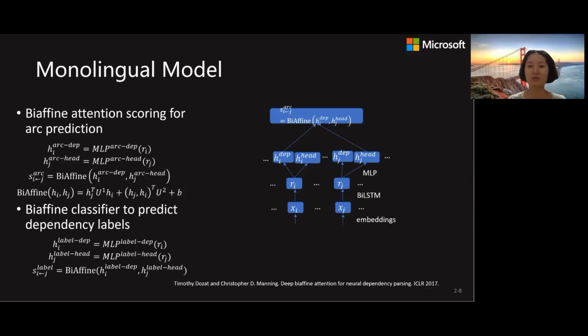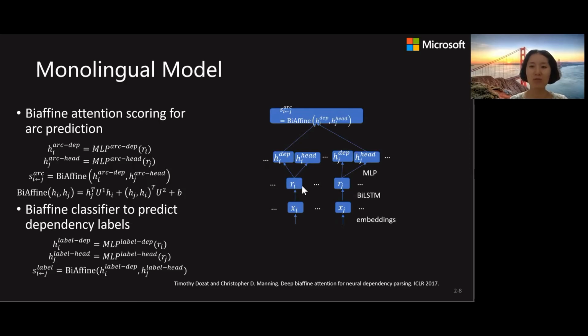A widely used approach for these two functions is the biaffine attention model, proposed by Dozat and Manning in 2017. Let's take the unlabeled arc prediction model as an example to demonstrate how it works. First, each input sentence token is embedded into a vector xi. Then we get the vector ri by applying a bias term on xi.